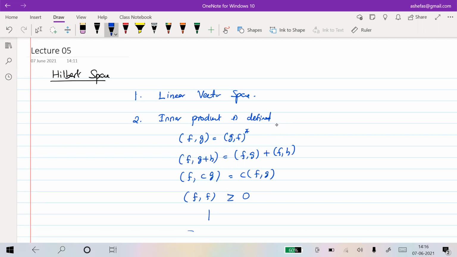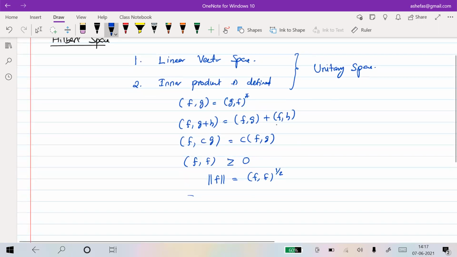And we define the norm with the inner product. The norm of a vector is the inner product with itself, to the power 1/2. So if these two conditions are satisfied, then that vector space is called unitary space. Okay, a linear vector space with inner product defined.